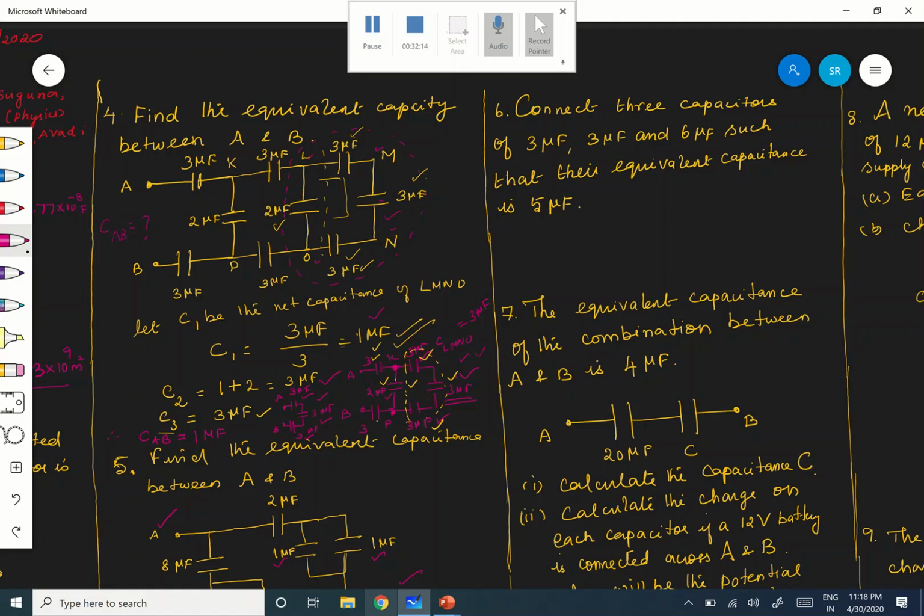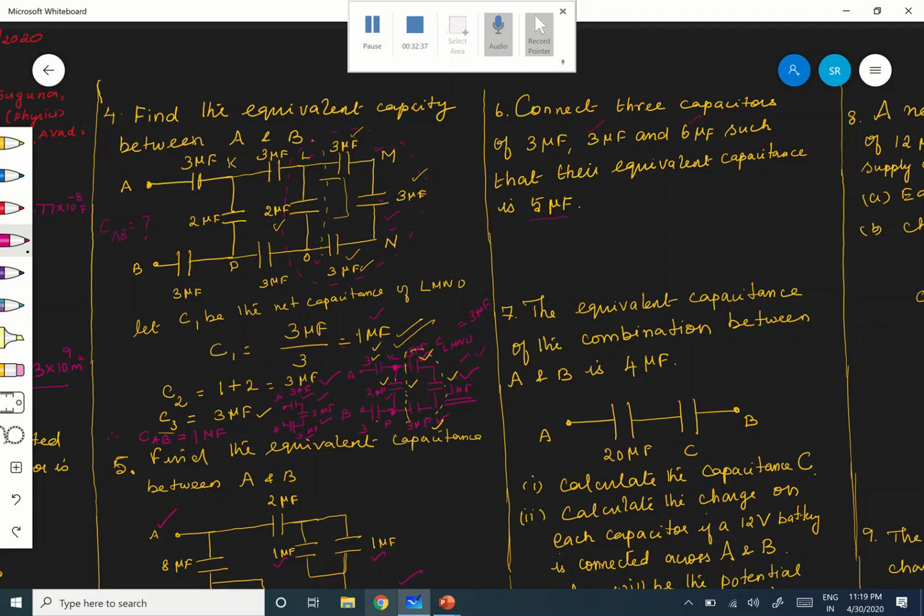Can you think about it? Problem is very, very simple. How to calculate? Tell me. I want the total to be 5 microfarad. Therefore, I can have 3 and 6.